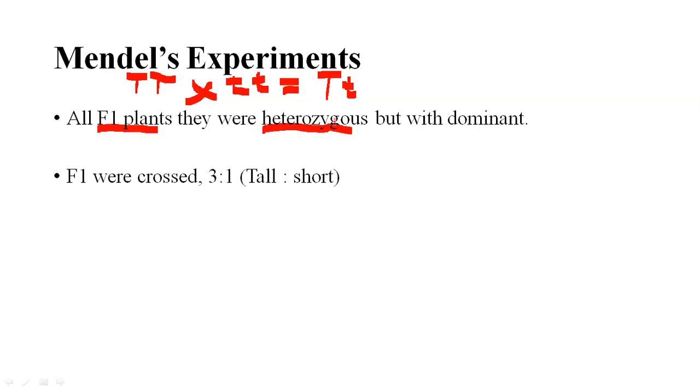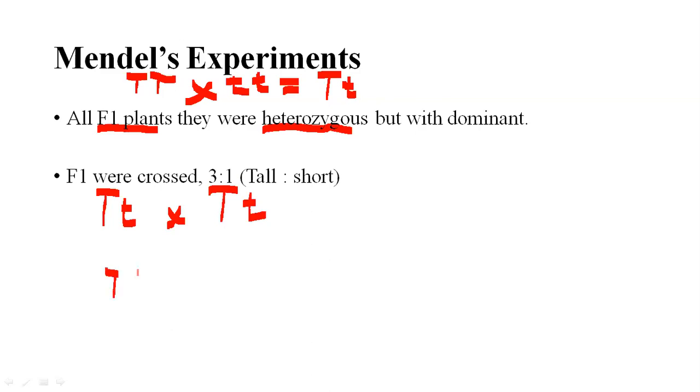And when the seeds of the heterozygous plants, capital T and small t, are self-crossed, we get 1:2:1.